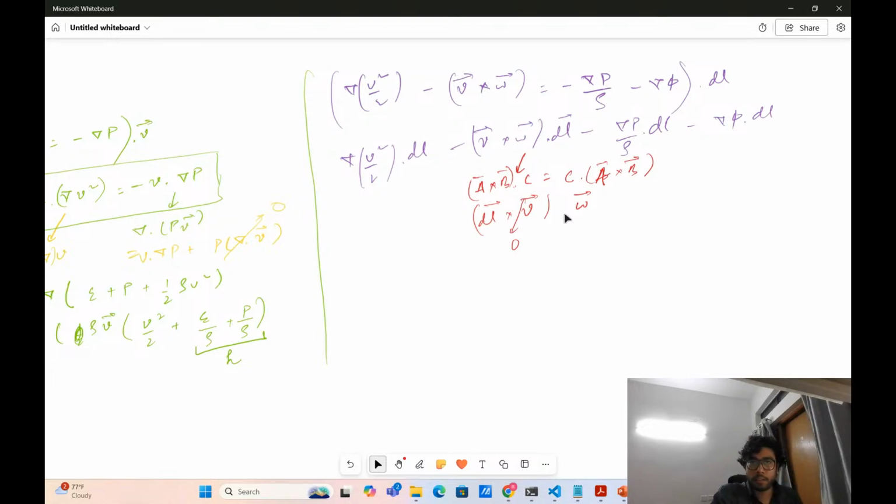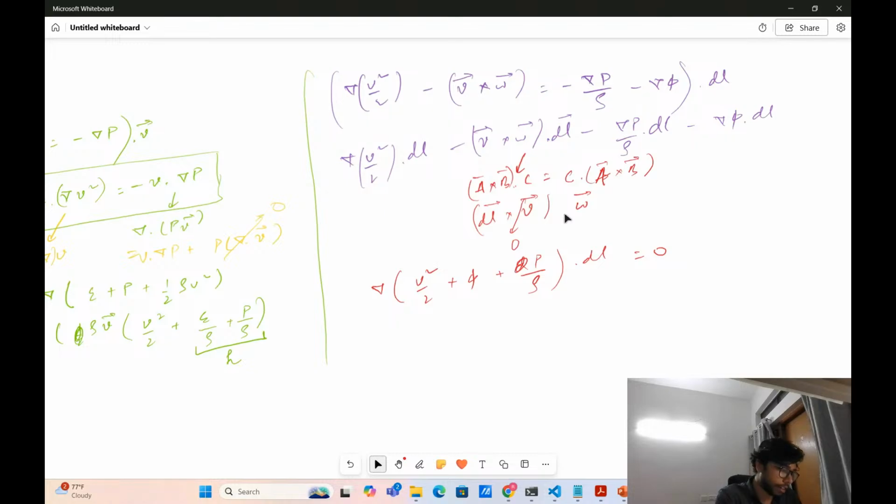So if we calculate the whole thing on a streamline, then what it says is that del of v square by 2 plus phi plus p by rho dot dL equals 0.